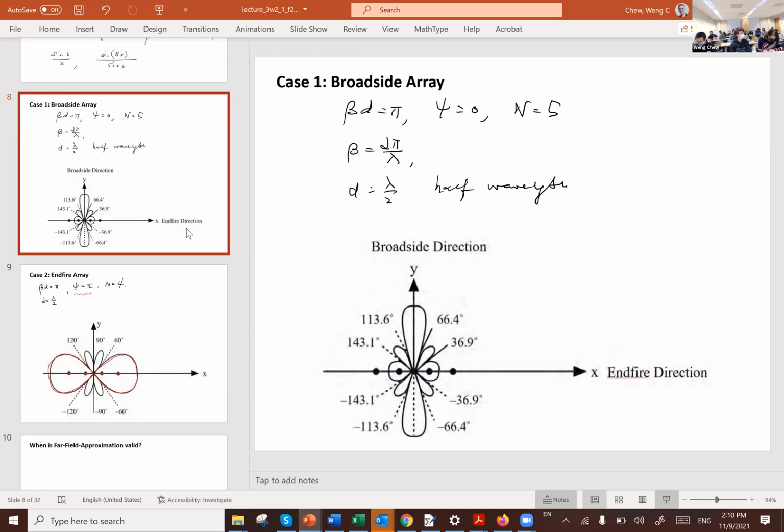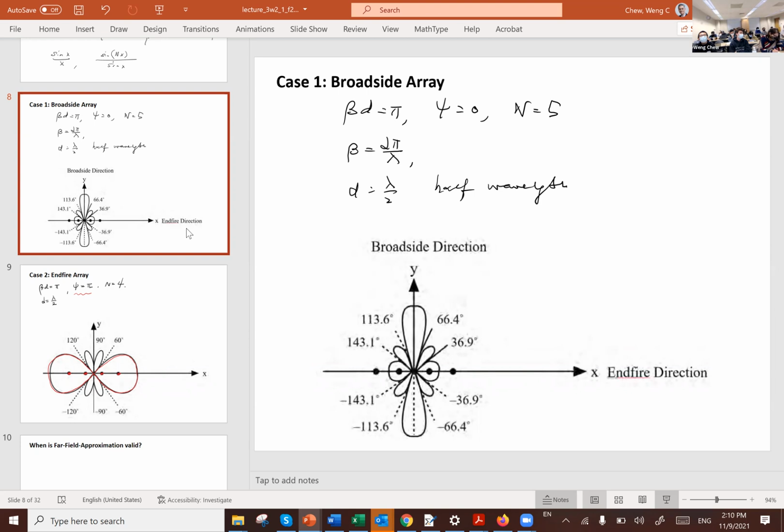Okay, and this is the pattern that you arrive at if you look at the design. So there are certain things that come to your mind when you look at this statement.